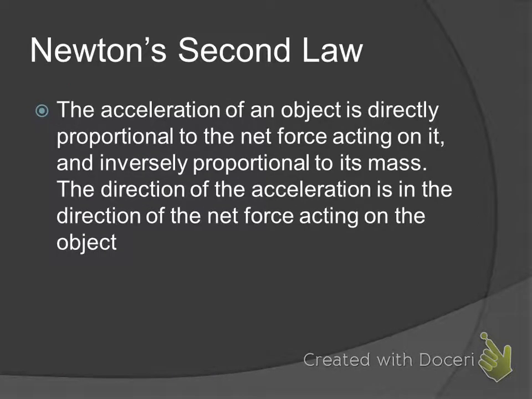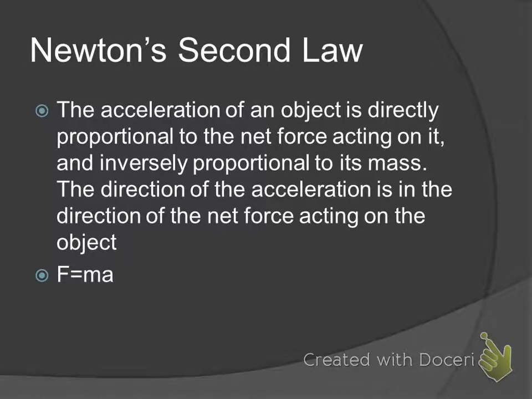Newton's second law. This is the book definition. It's long. Try to condense it a little bit in your own words. Read it through. Acceleration of an object is proportional to the net force acting on it and inversely proportional to its mass. Acceleration is in the direction of the net force. So here's our description.